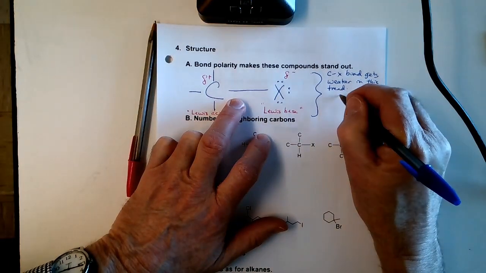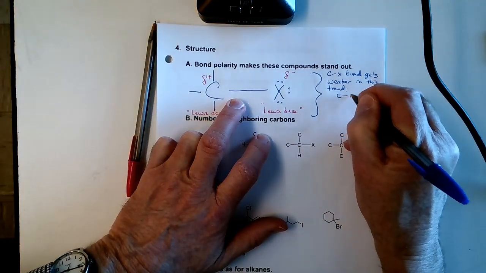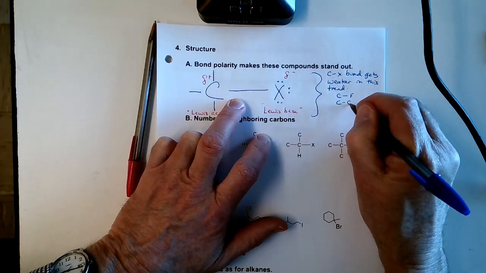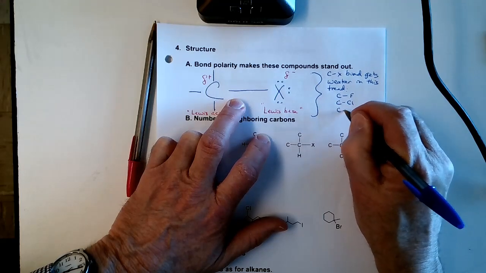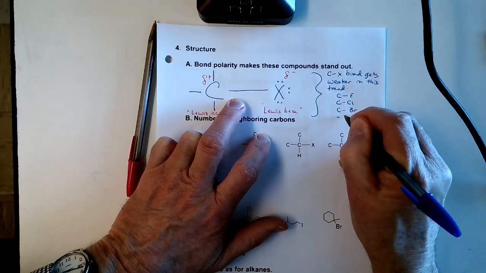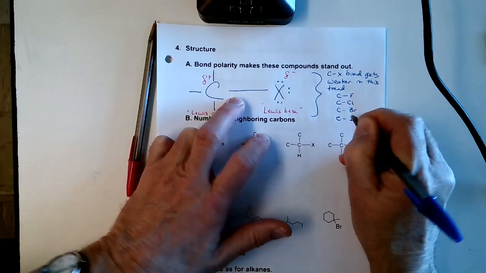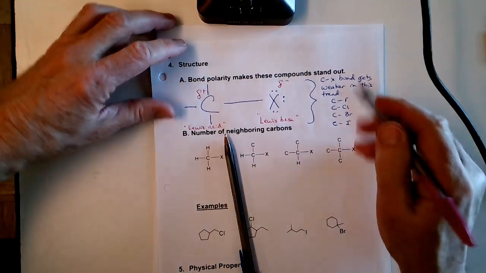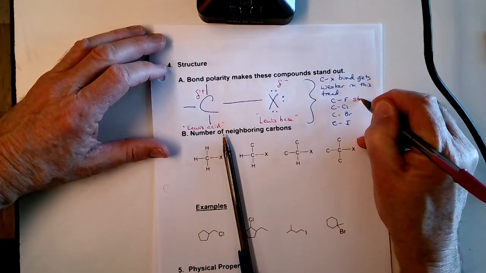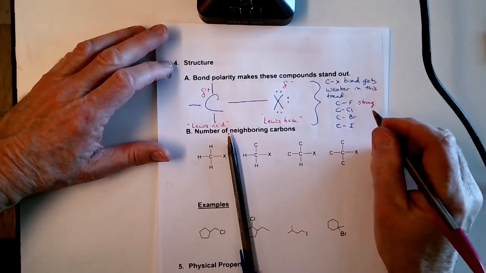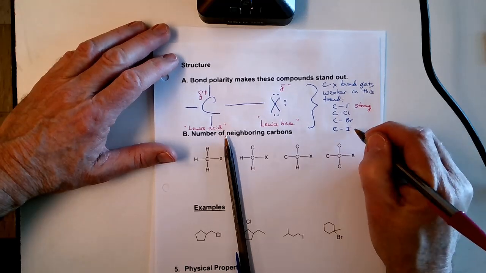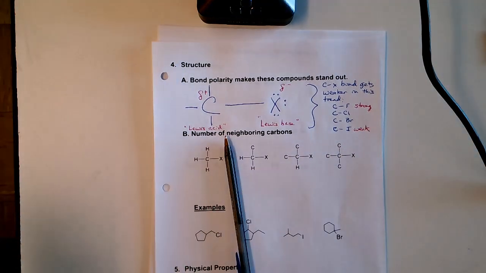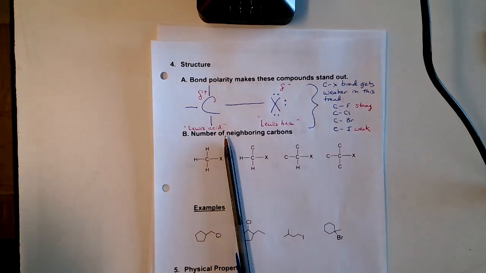Okay, think going down the periodic chart. Start with fluorine, descend to chlorine, next to bromine, and finally to iodine. Up at the very top, you have a bond that's extremely strong, and down at the bottom, the carbon-iodine is, to understate it, a weak bond.